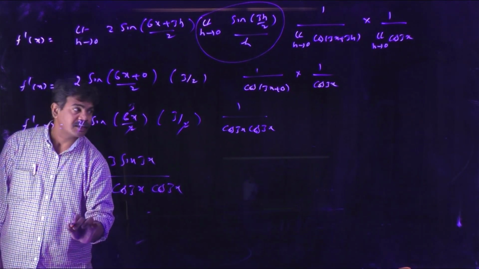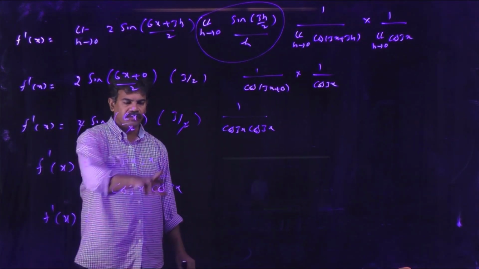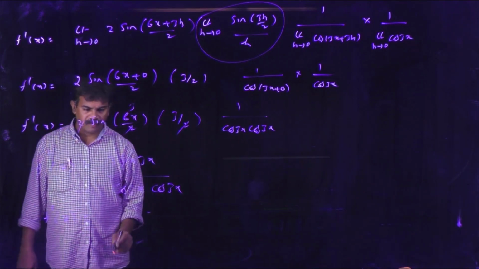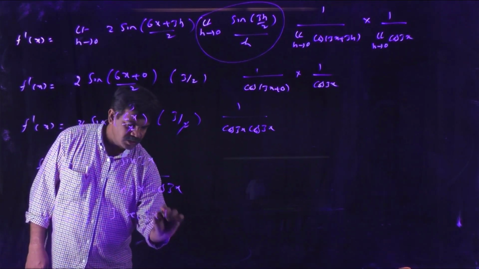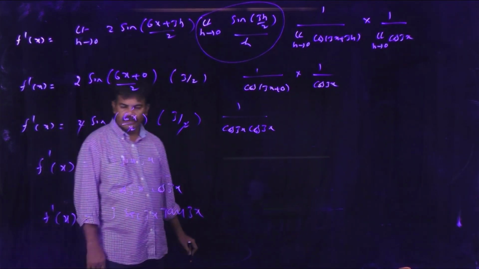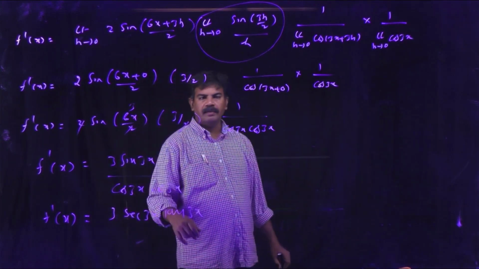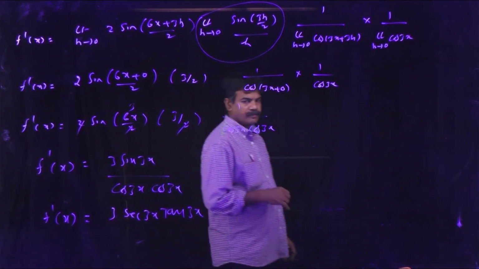That is f dash x is equal to sin by cos means tan. So 1 by cos means secant. That is 3 into secant 3x into tan 3x. So this is the derivative of the given function, that is secant 3x.